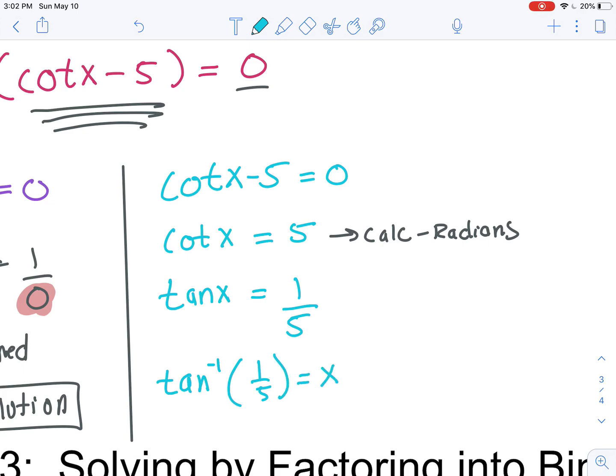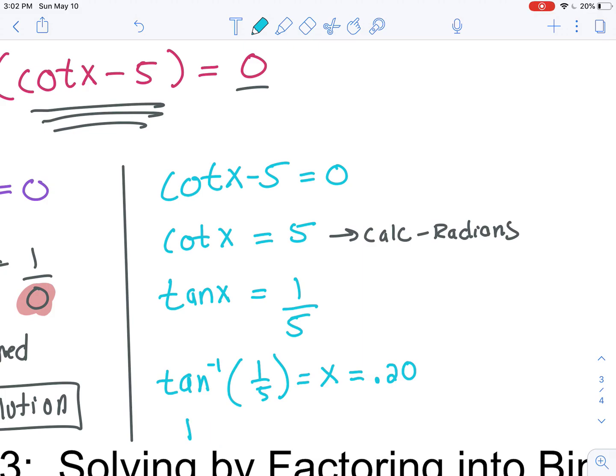So if I plug that into my calculator, I'm going to make sure I'm in radians. Tan inverse of 1 divided by 5 gives me 0.197395, so I'll round that to 0.20. So that means my reference angle here is 0.20.